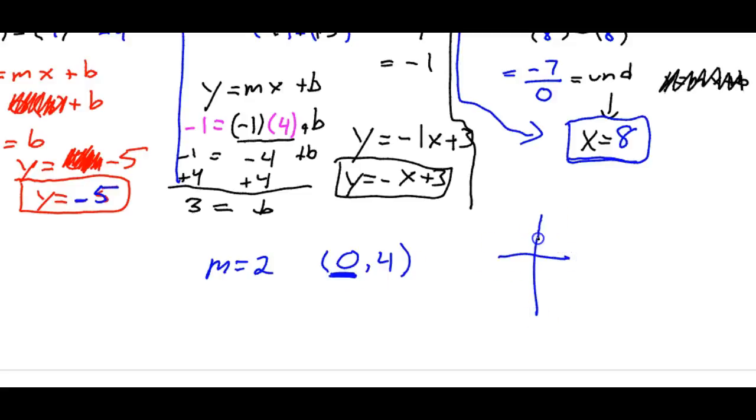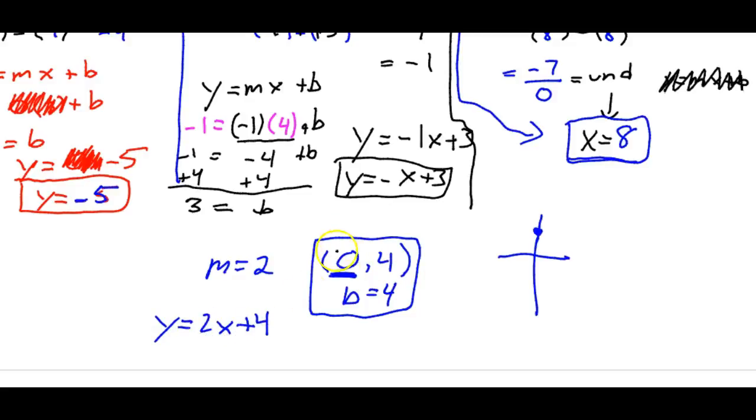So if you look at this graph, 0, 4, that's the y-intercept. So that's the same question as if I said, what is the equation if you had a y-intercept of 4? These are the same thing because of the 0. And that equation is just going to be really fast, 2x plus 4.